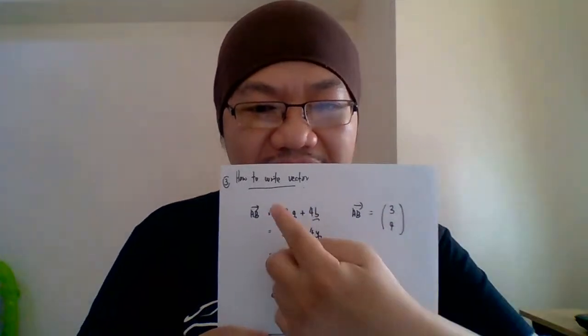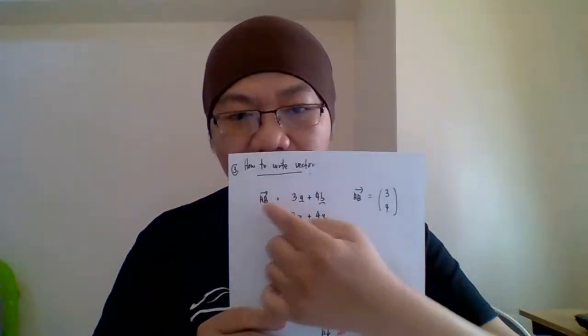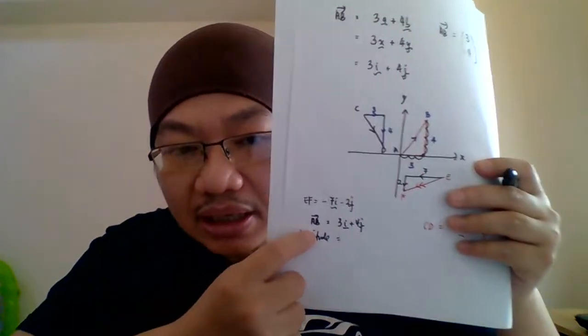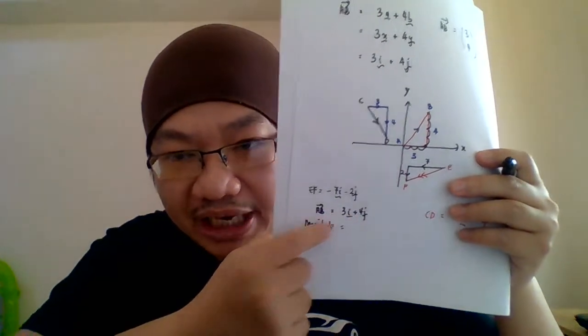Now let's say this is my vector AB. I'll use this example. My next topic is magnitude. Let's say my vector AB equals 3i plus 4j.